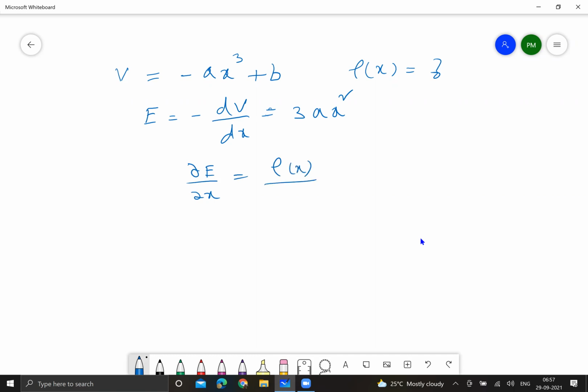So, space charge density as a function of x will become epsilon 0 into dou E by dou x. So, we will be getting it as 6A epsilon 0 into x.